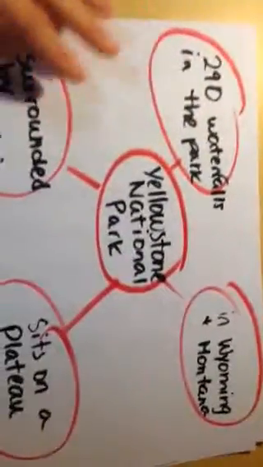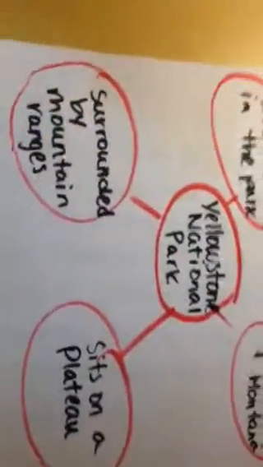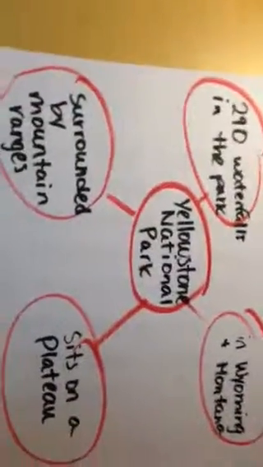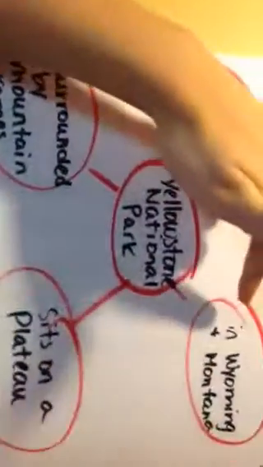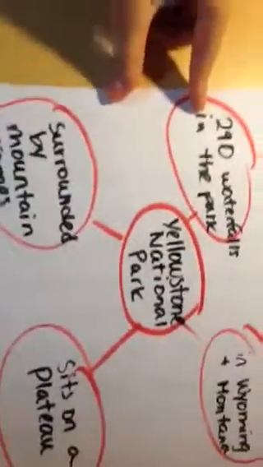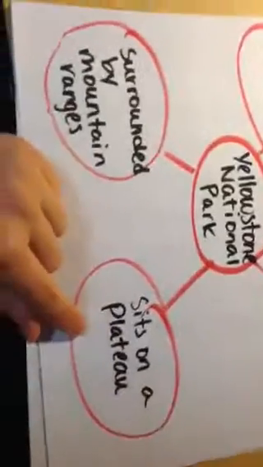That's what we're talking about. And then, over here, we have the different key details, main points that'll help me summarize. So, the ones that I picked out were that it's located in Montana and Wyoming. There's 290 waterfalls in the park. It's surrounded by mountain ranges, and it sits on a plateau.